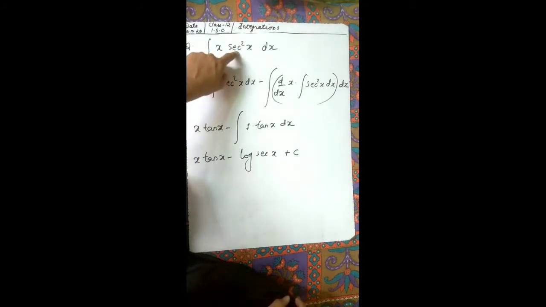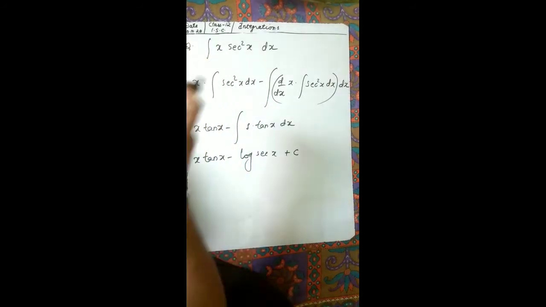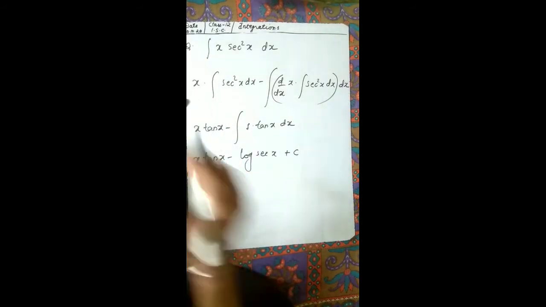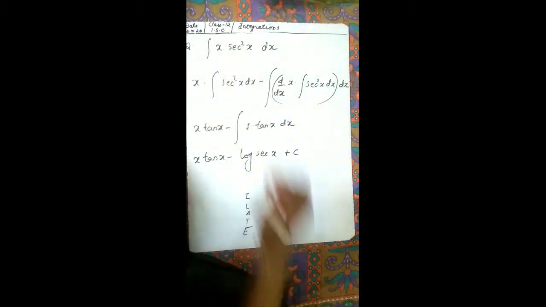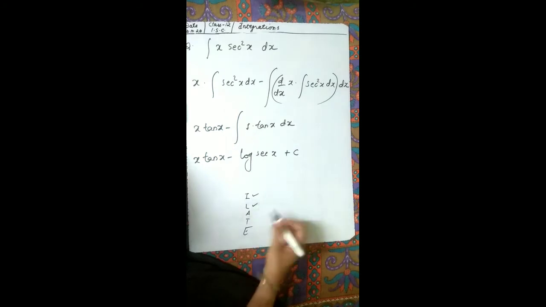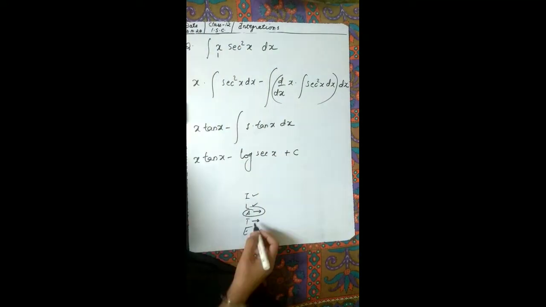Okay, the very first question: integration of x sec square x dx. As I told you, first you need to mention which will be your first function and which will be your second function. According to the ILATE rule, inverse, log, algebraic, trigonometric: algebraic comes first, so x will be your first function, and then trigonometric, so sec square x will be your second function.